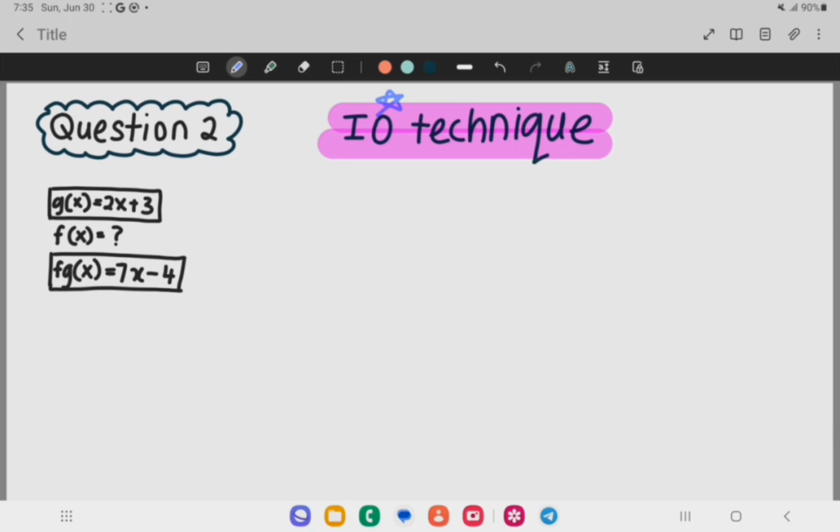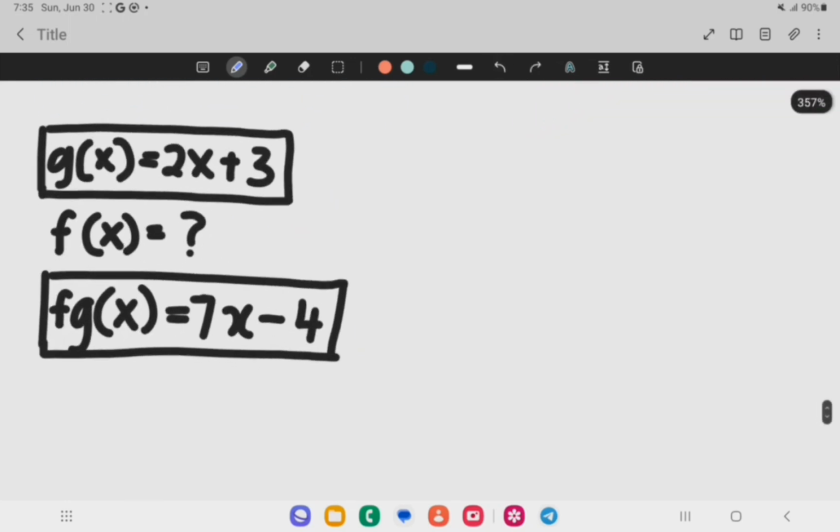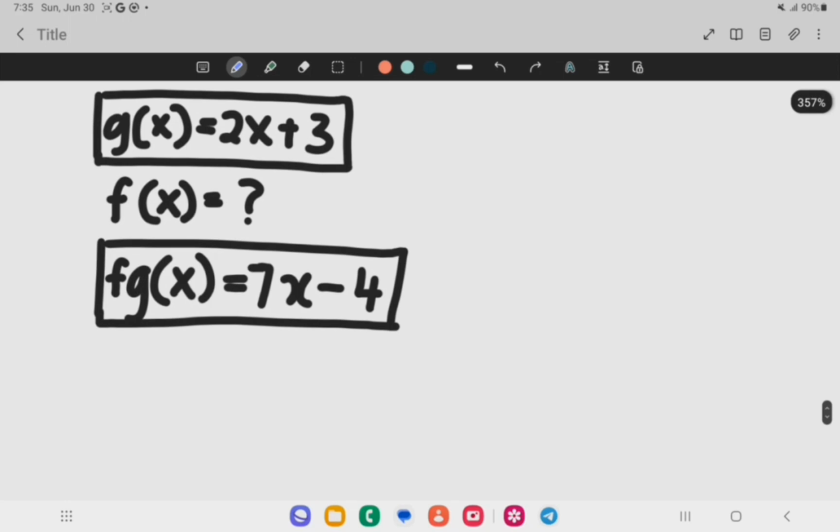And how do I know that this question involves the outside technique? Because g(x) is given. A composite function of fg(x) is also given. And you're required to find f(x), which is a single function, right? How to identify whether it is outside or inside? Look into the composite function and see whether your f(x) is located inside or outside.